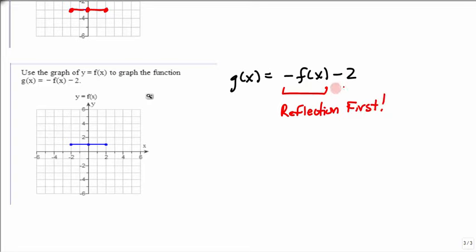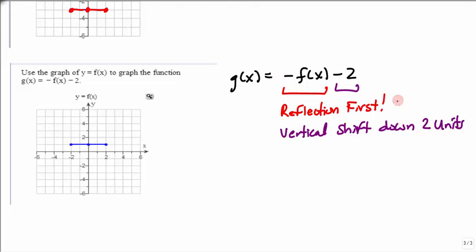And then second will be this vertical shift down 2 units. And to be more specific up here, this reflection, because it's on the outside, would be a vertical one, so this will be a flip across the x-axis.